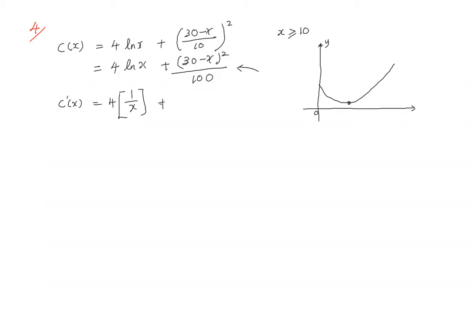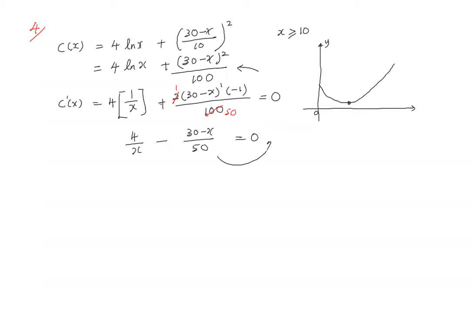So this one we use chain rule, 30 minus X power negative 1 divided by 100. So now you equate this equal to 0. So now I have 4 over X, take away 2 and 100, you can simplify. So you have 30 minus X divided by 50 equal to 0.